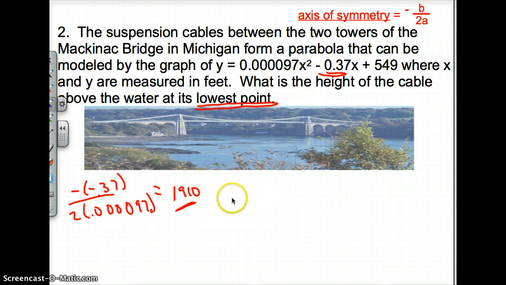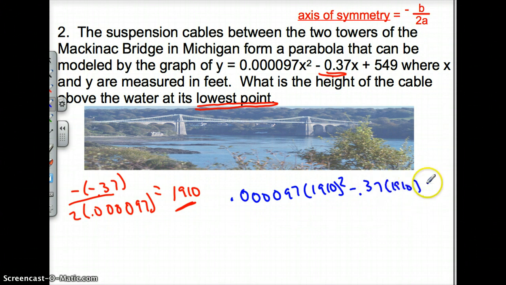We have 0.00097 times 1910 squared minus 0.37 times 1910 plus 549. And now you can punch that all in your calculator, and we get 196.